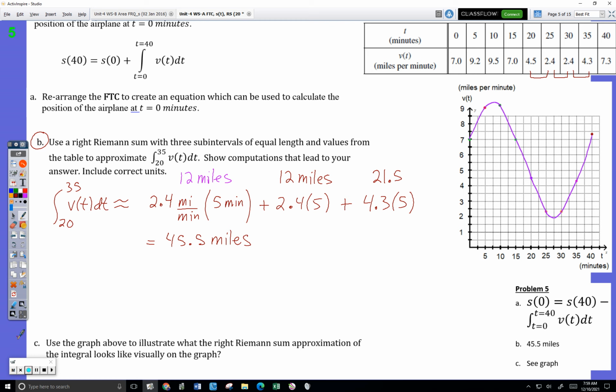So your time is off. Right, this first one represents what, Caitlin? Right, so this is their estimate of the displacement from time 20 to 25. So your bar is just in the wrong place. You see how it works? Okay.